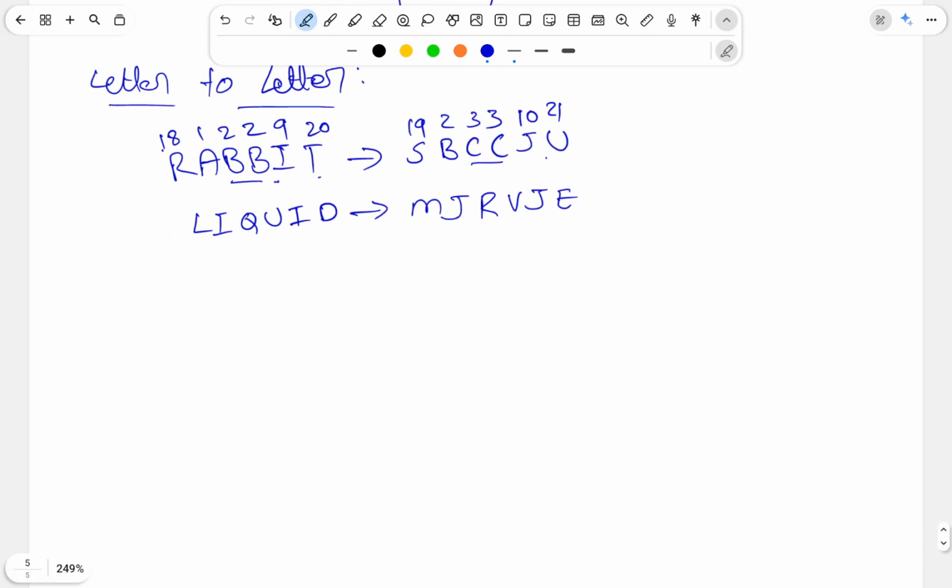Suppose another question. If they give that solid is coded as EKOSX.